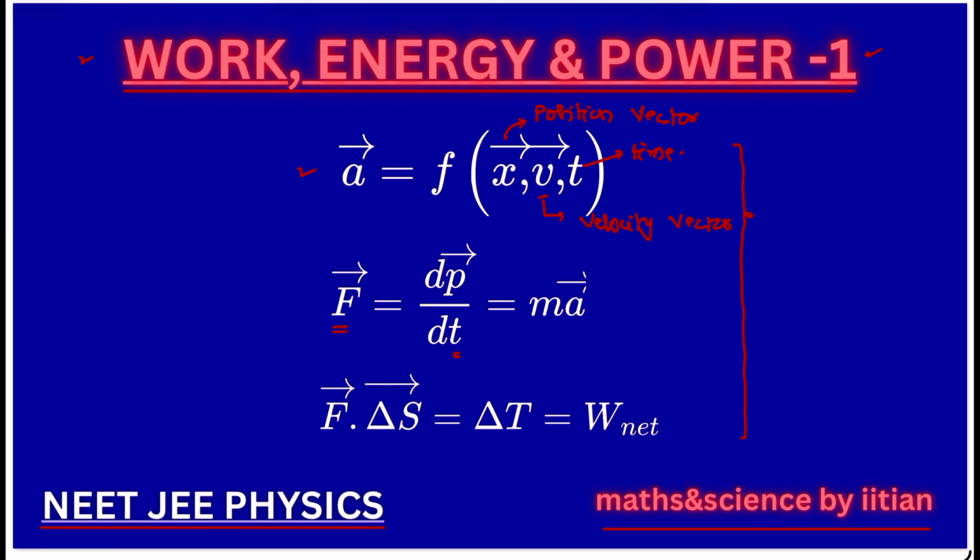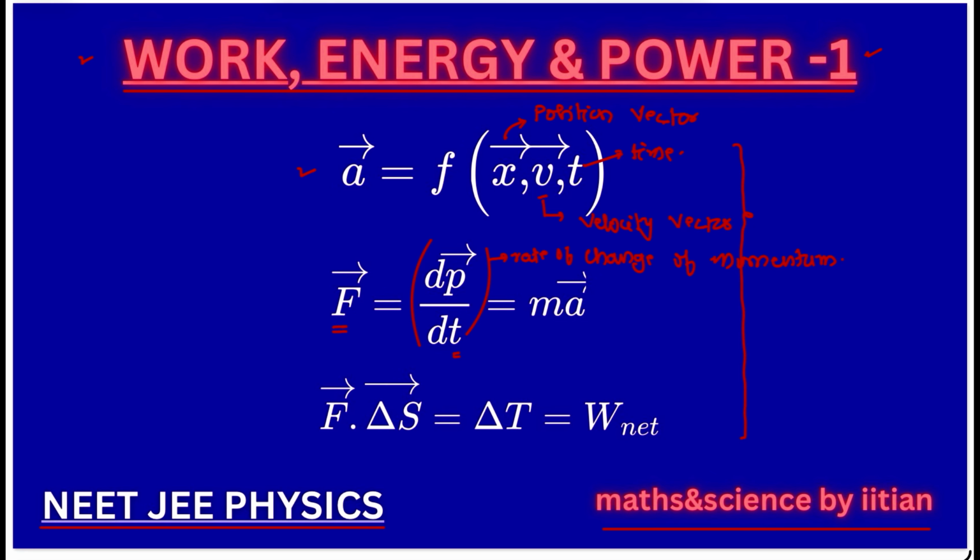Vector F, force is a vector, is dp by dt. dp by dt is the rate of change of momentum, and here p is the momentum. p is a vector.